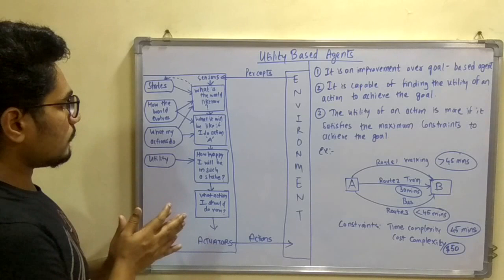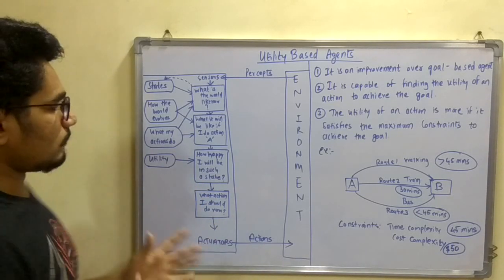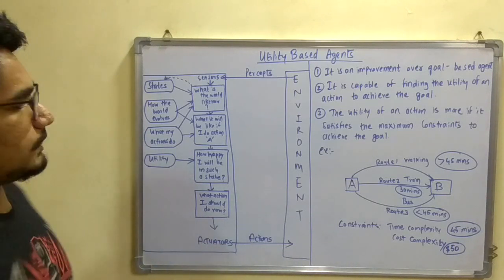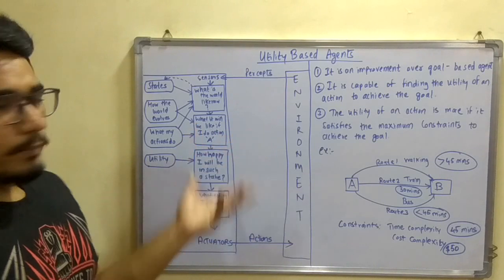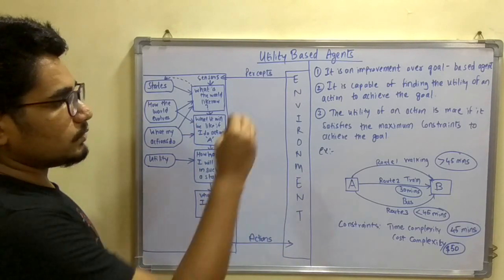So this kind of usage of utilities is what deals with these kinds of agents. So the name is utility-based agent. It is an improvement over the goal-based agent, and it is capable of finding the utility of an agent to achieve the goal.